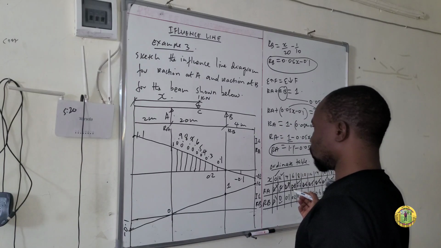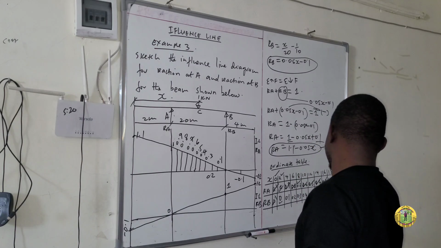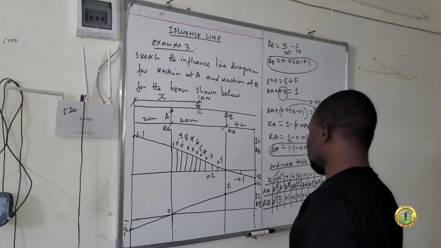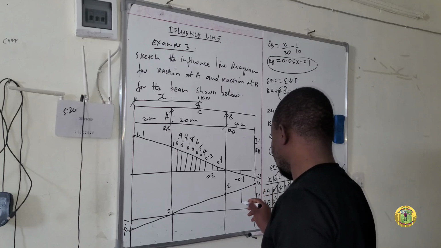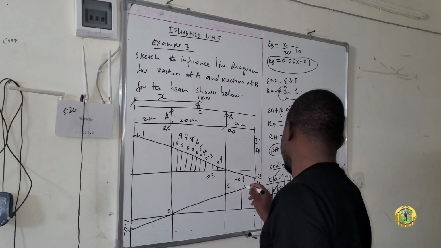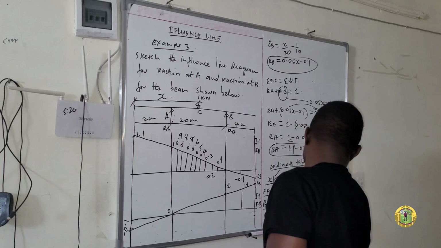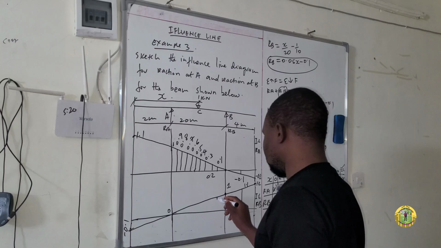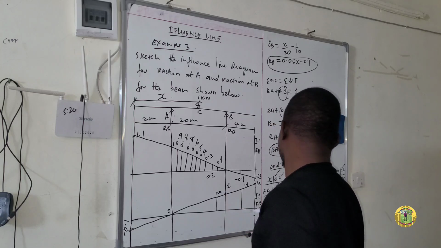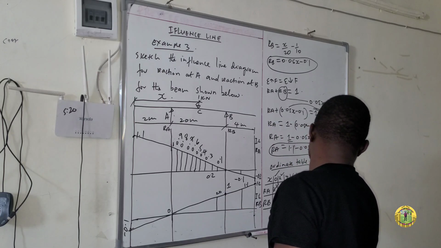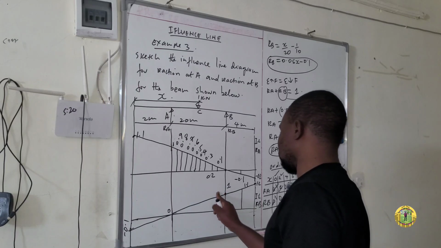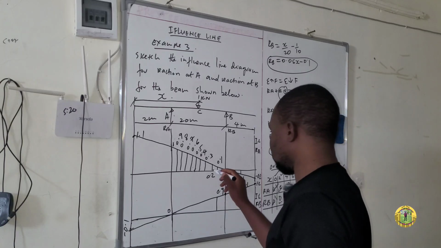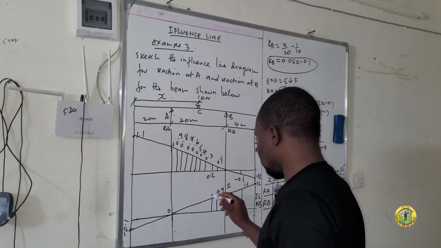So let's start with the second last, which is at 24. This is 1.1. This one done. We come to 20. 0.9 done. Then 0.8.